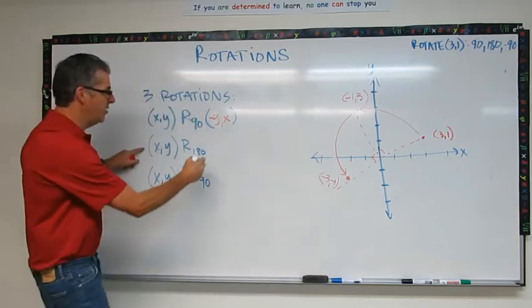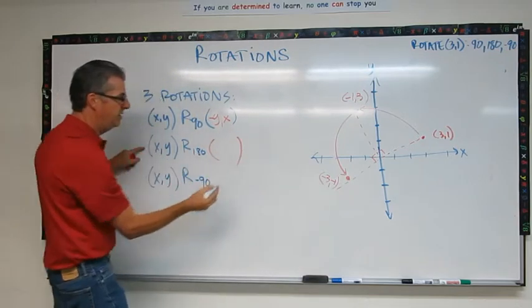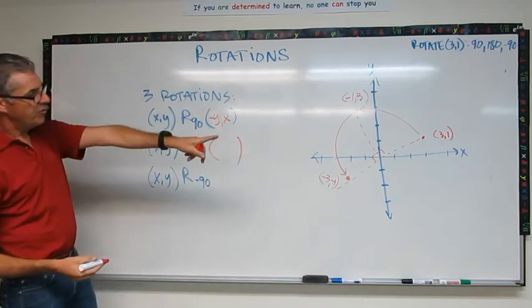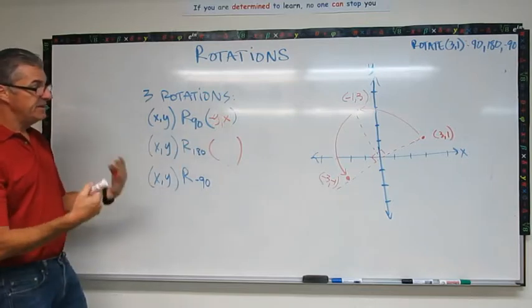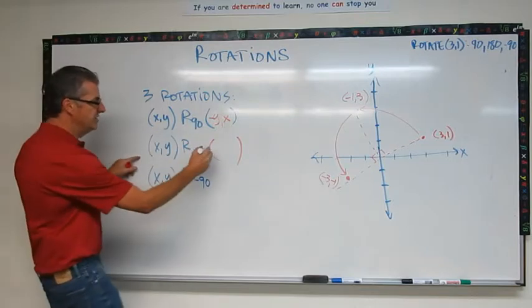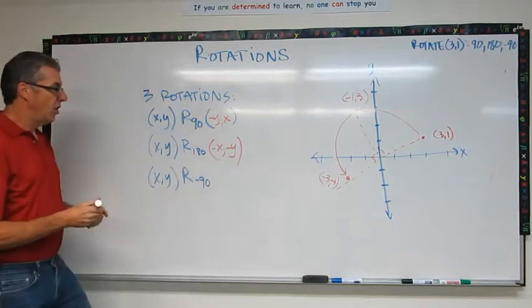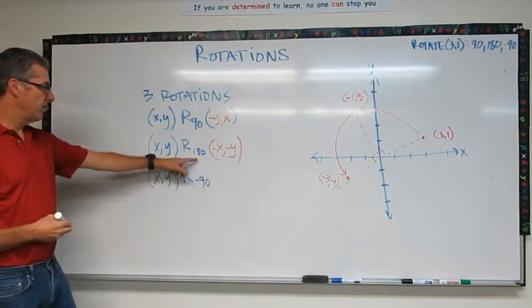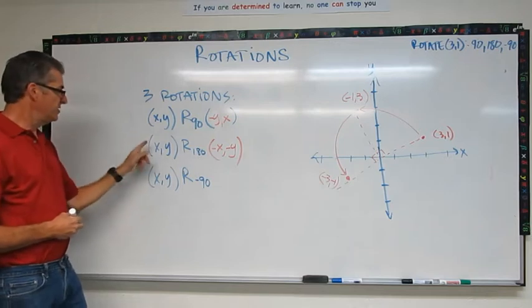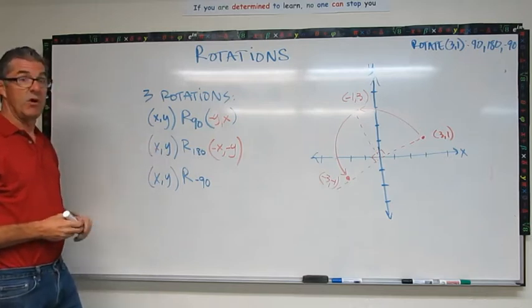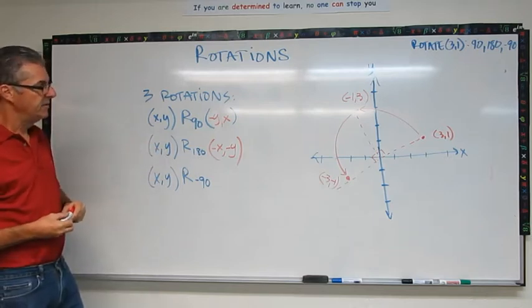So what happened with our 180? We started with (3, 1), and we ended up with (-3, -1). So this one's just (-x, -y). All we do when we're doing a 180-degree rotation is change the signs on our x and y. That one's pretty straightforward.